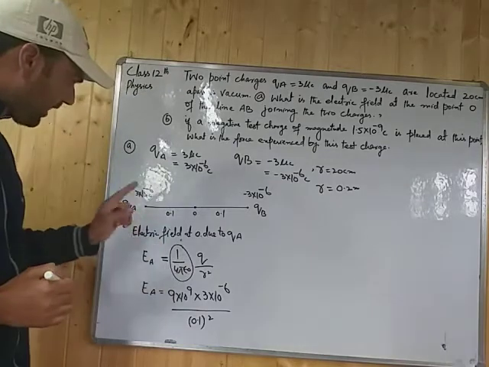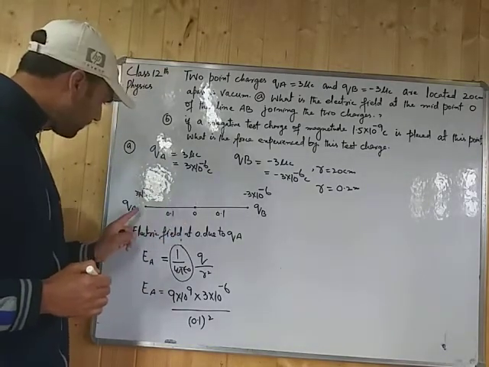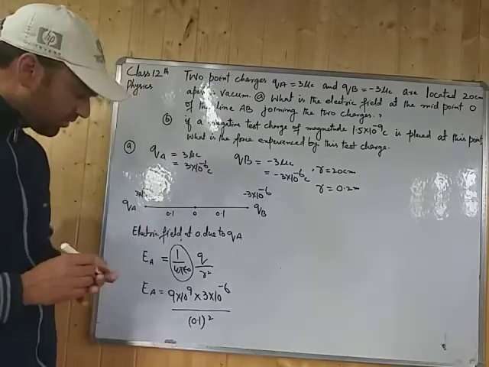But we have to calculate the electric field intensity at point O due to the charge QA, so we take this distance 0.1 whole square.